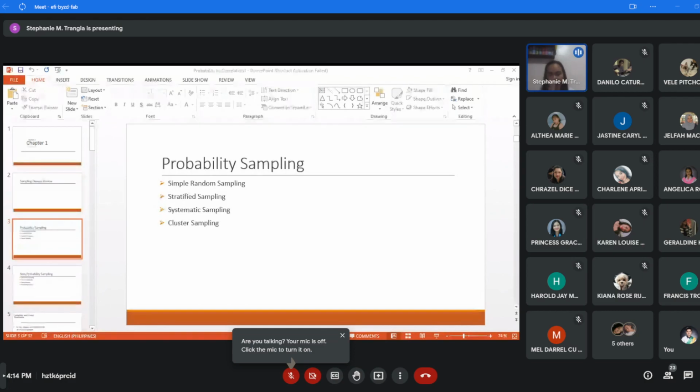And lastly, by the way, the problem with systematic sampling is if there is a pattern in the interval of your target population. For example, you are sampling fruit trees. What if every fifth tree is a mango tree?